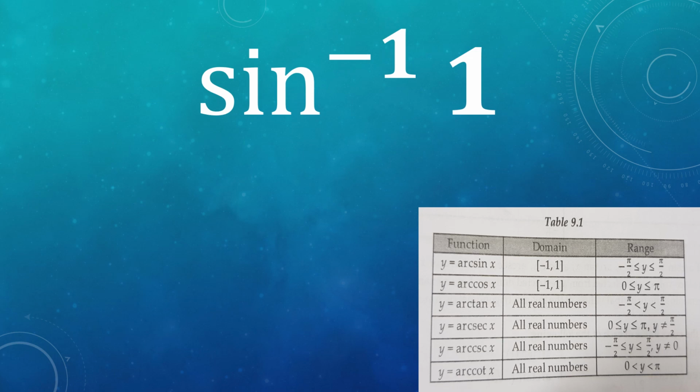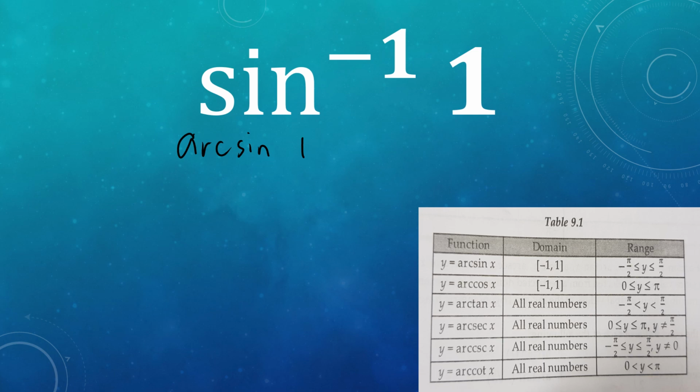Arcsine of 1, or sine raised to negative 1 of 1. There are two ways we can rewrite the given inverse trigonometric function. We can rewrite this as arcsine 1, which is the same as sine raised to negative 1 of 1.